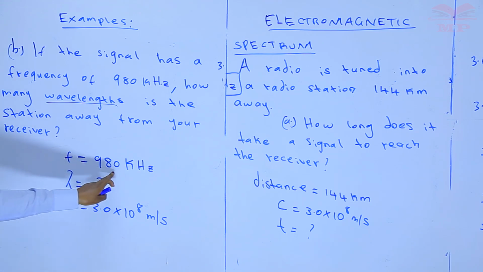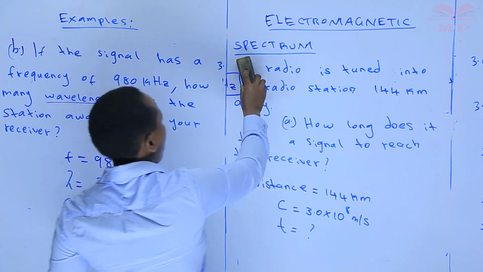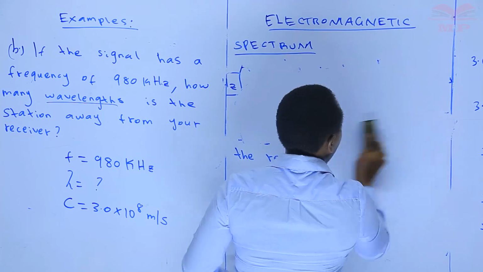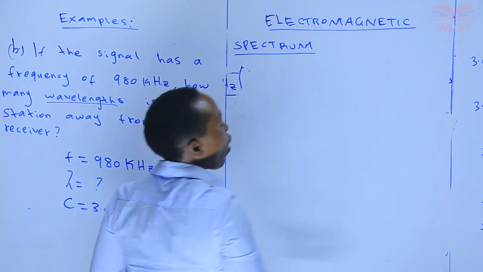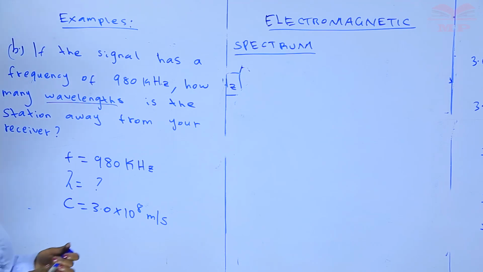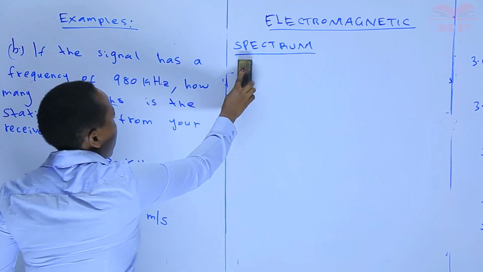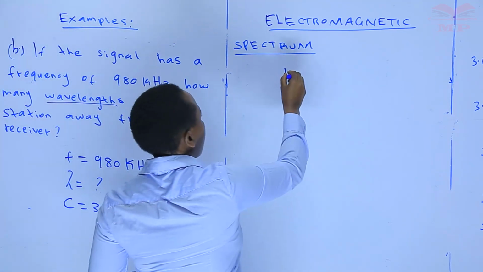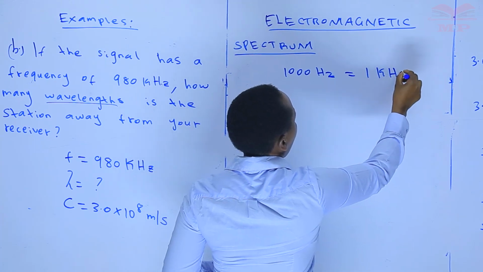And we know that this frequency must be expressed in its SI unit, which is hertz. So we start by converting. We convert the kilohertz into hertz. 1,000 hertz make 1 kilohertz.